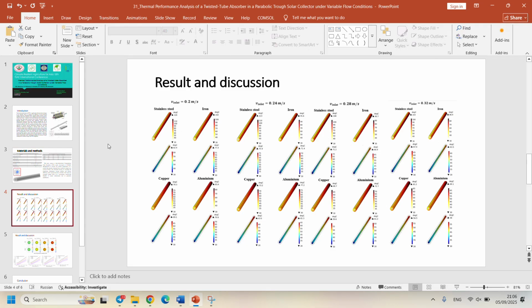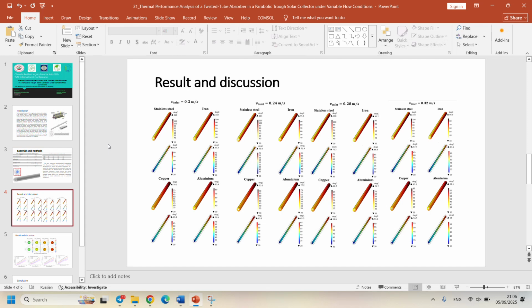On this page of the presentation, you can see the results and discussion. We have simulated the twisted absorber tube at 4 different mass flow rates with 4 different materials: stainless steel, iron, copper, and aluminum. As you can see, the surface temperature variation is relatively higher in stainless steel receiver tubes.